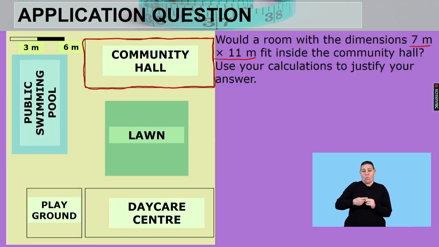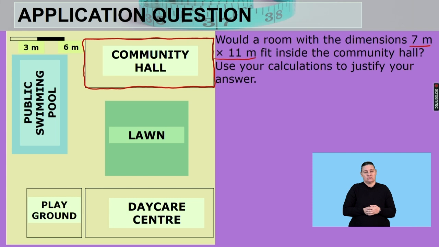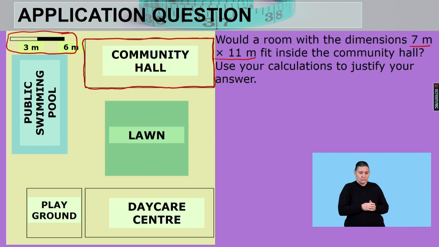So what I think we should do is we've got to calculate the length or the width of your community hall, and then see how big that is in relation to the dimensions we are given. So from the previous one, we used the scale. There's my scale. The scale was 1,2 centimeters is to 300 centimeters.